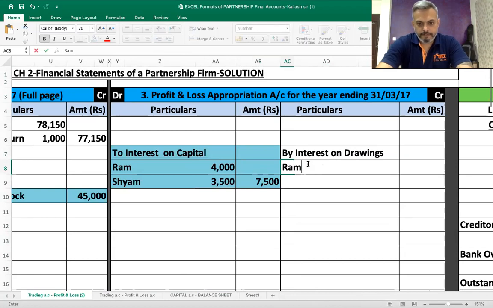Inner column Ram, Shyam, 1,800, 1,600, 3,400.